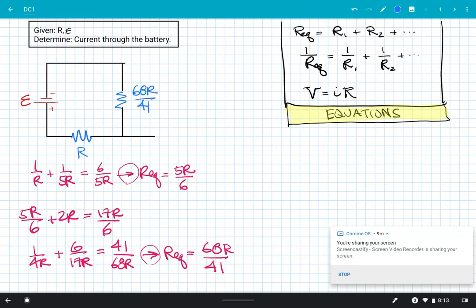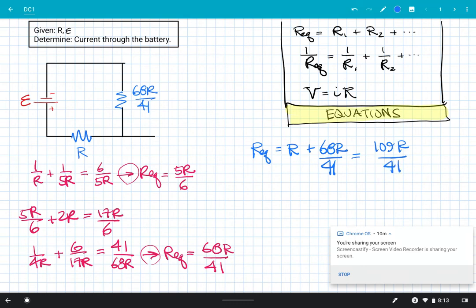All right. Now I have a pretty simple situation, where I have 68R over 41 and then my battery. So I can go ahead and find the final equivalent resistance here. These are in series, so they'll just sum. My final one is just going to be R plus 68R over 41, which gives me 109R over 41.